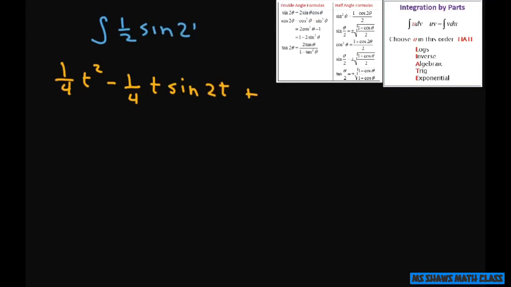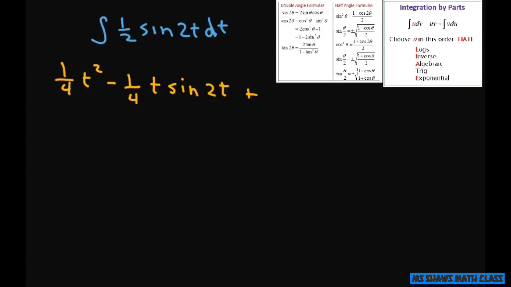You will get 1/4 t squared minus 1/4 t sine of 2t plus, now we're going to integrate. Let me write it up here again. We had the integral, and we saw a plus for that, 1/2 sine of 2t dt.